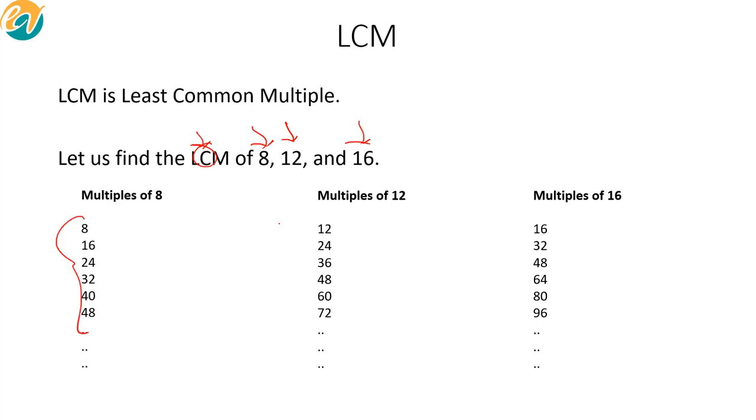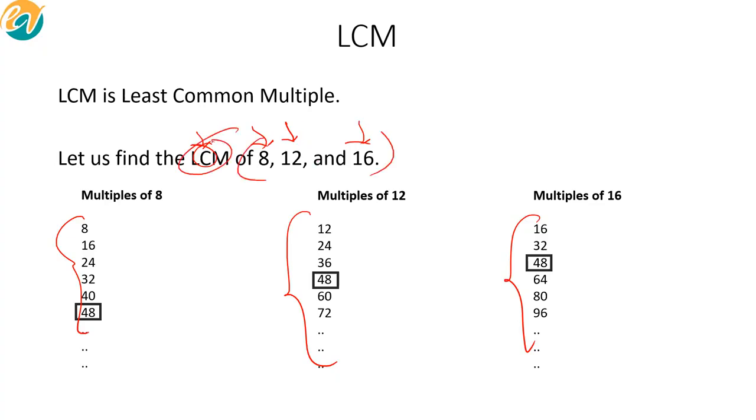So if we look at these three lists of multiples, what is the least common multiple? In other words, what is the least number that is a multiple of 8 and is also a multiple of 12 and is also a multiple of 16? 48. So what's the LCM of 8, 12, and 16? The answer is 48.